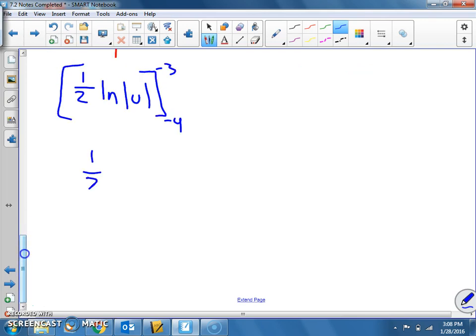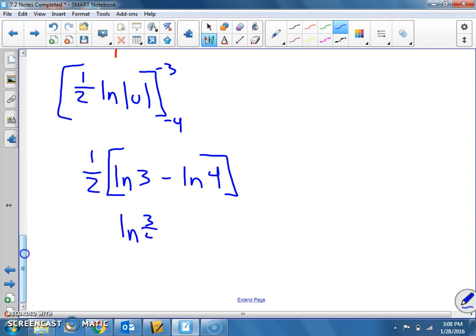So I'm going to have 1/2 ln of 3 minus ln of 4, right? 1/2 stays on the outside. Yeah, 1/2 is outside this entire thing. Okay? How could I simplify this? Does anybody ever know log rules? When I'm subtracting two things, it's 3 over 4, right? So I got the ln of 3 over 4.